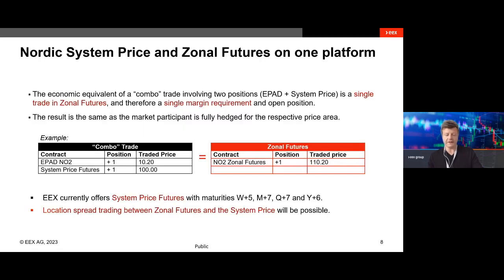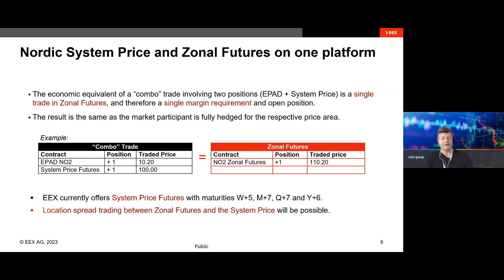Then what we can see here is that the zonal future is an economic equivalent of a combi trade. You can see in the table on the left a combi trade made up of a trade of the system price and an EPAD, whereas this economic equivalent is possible through just one trade, as shown on the right-hand side of the slide.